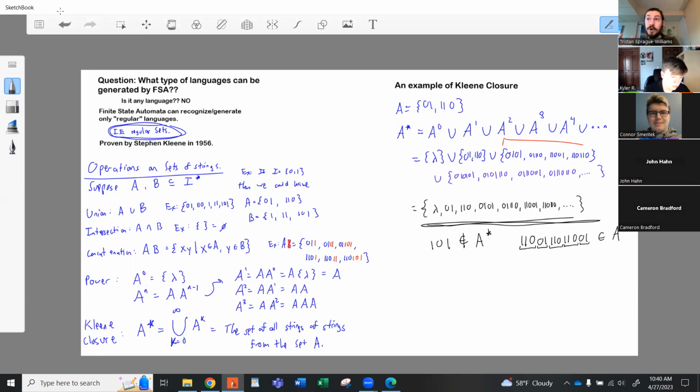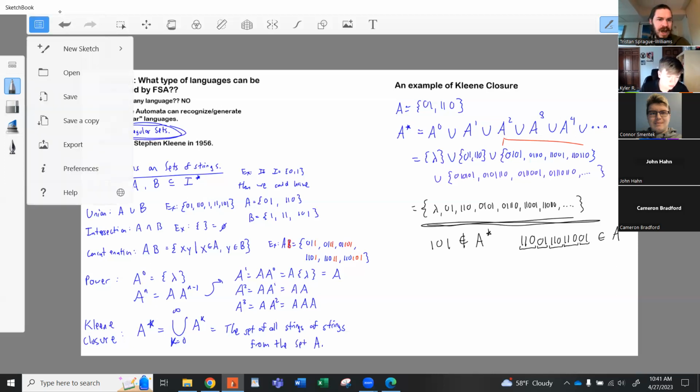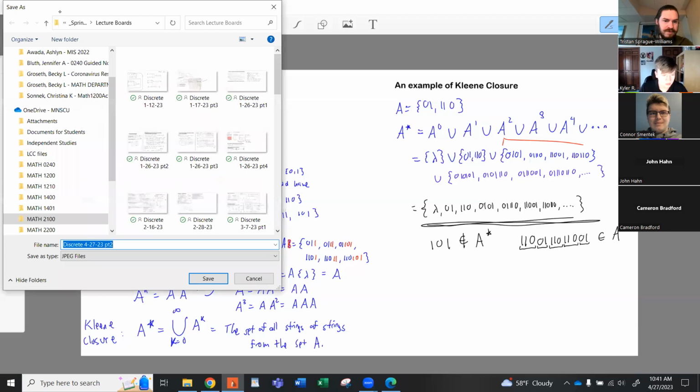If a character is considered a string of length 1, then you can call that a Kleene closure and you get the set of all strings of those characters. It's just that the Kleene closure could also be applied to a set of strings, not a set of characters. Does that make sense? Okay. So these are the operations we need to talk about for sets of strings.